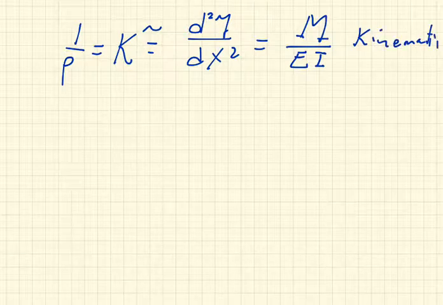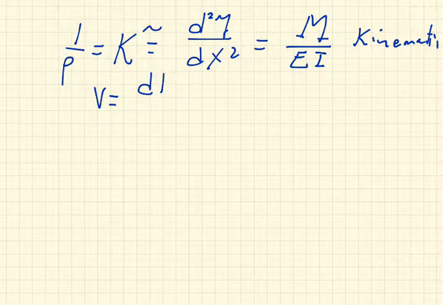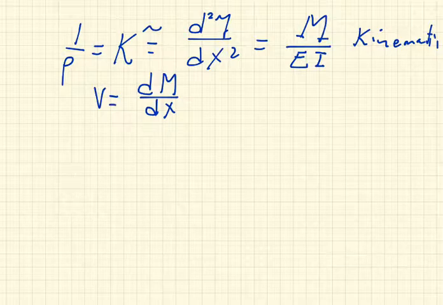And then what we will see is that since V, the vertical shear force, is equal to the change of moment with respect to x, therefore we would have V equal to y triple prime. Y triple prime is differentiating y 3 times with respect to x.